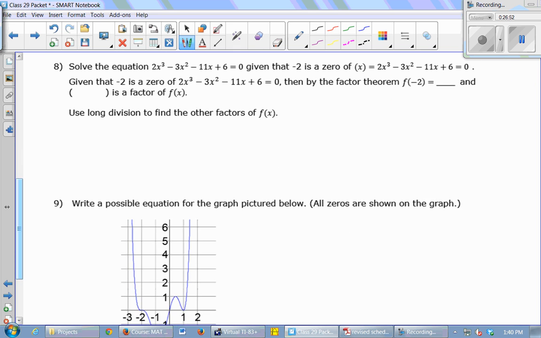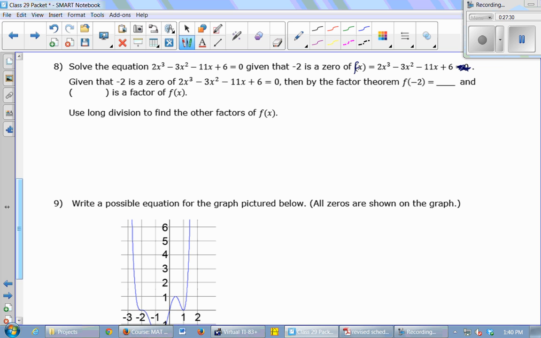All right, so I'm going to use the factor theorem here. I have this equation that I want to solve for x. I have 2x cubed minus 3x squared minus 11x plus 6 equals 0. And I already know one of the solutions, right? I already know negative 2 is a 0. There's some mistakes in here. Of f of x equals, there we go. Okay, so I know that negative 2 is a 0 of that function that's on the left side of the equation.